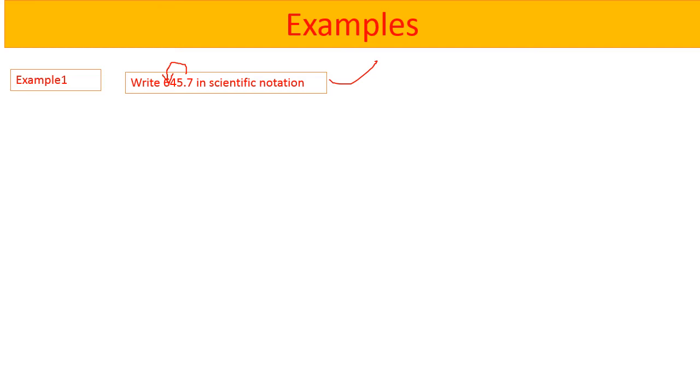If we move the decimal from right to left, then we multiply by 10 raised to the power of a positive number of moving digits, and if we move the decimal from left to right, then we multiply by 10 raised to the power of minus the number of moving digits.